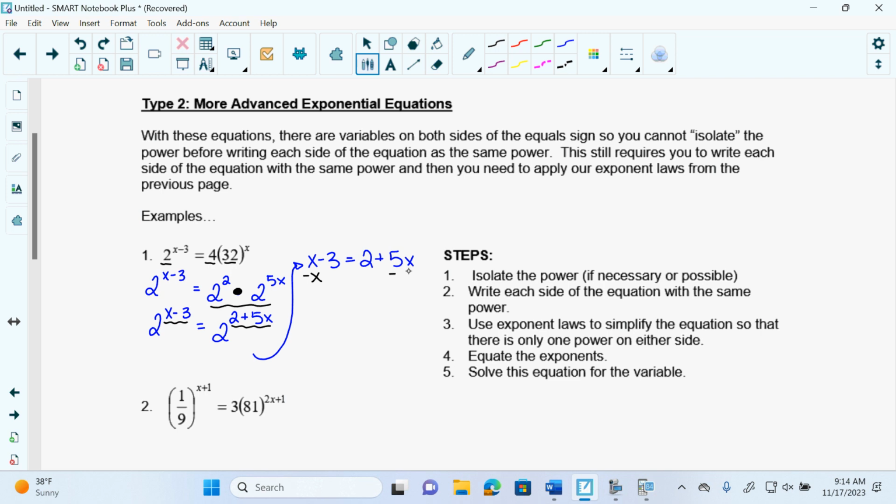Subtract x. First thing you do is get your x's together. Negative 3 equals 2 plus 4x. Subtract 2. Negative 5 equals 4x. Divide by 4. X equals negative 5 over 4.